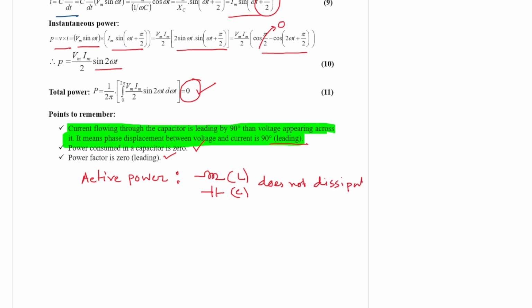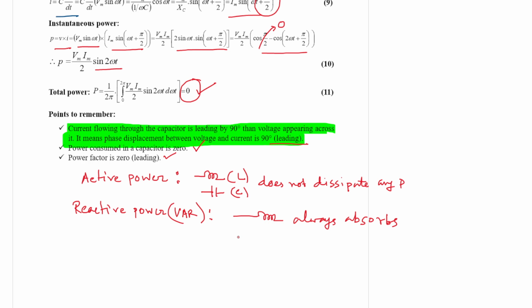However, in case of reactive power, that is the Q or VAR, volt ampere reactive, inductor always absorbs. However, capacitor always delivers.